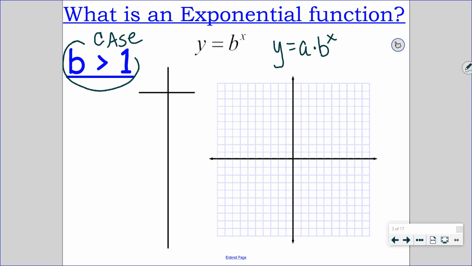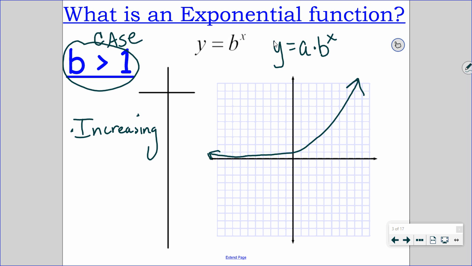When b is greater than 1, we're going to have some common things happen with all of our functions. When b is greater than 1, our function is always going to be an increasing graph.